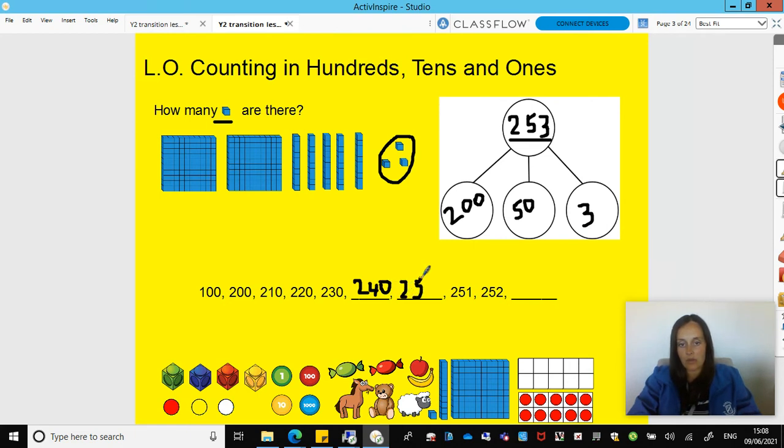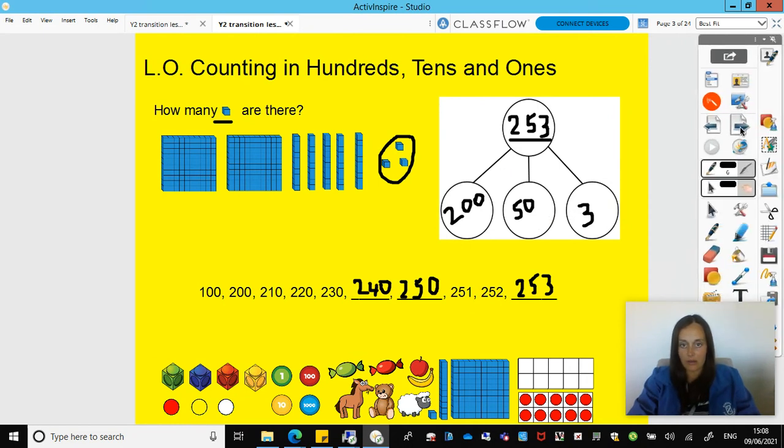And then we have 251, 252, and 253. Okay? So we've got our base 10, we've got our part-whole model. We've represented that number. And we've realised with this question here, there are 3 ones.